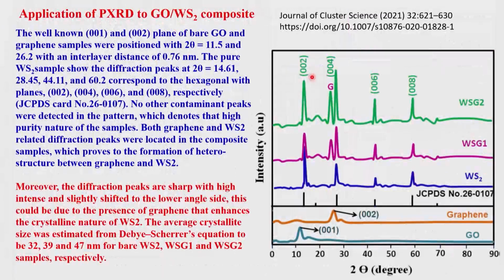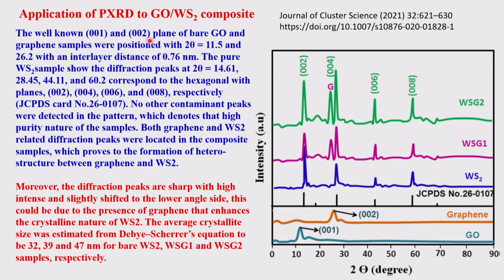Okay, now let us look at another example of a composite. This example is from graphene oxide with tungsten disulfide, WS2. The graphene is all very well known and understood, and then you can see this WS2.